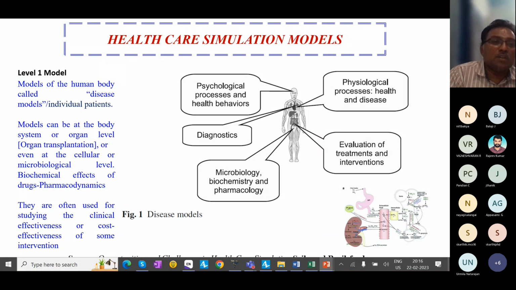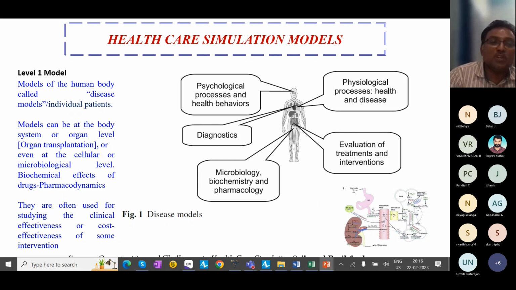We can build the simulation model at the human body level or at a specific organ level. Preferably here, the idea is to study the effects of certain drugs on the particular organ or on a particular part of the body. This particular simulation is called pharmacodynamics.